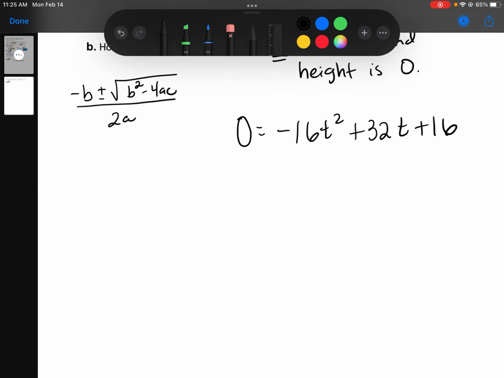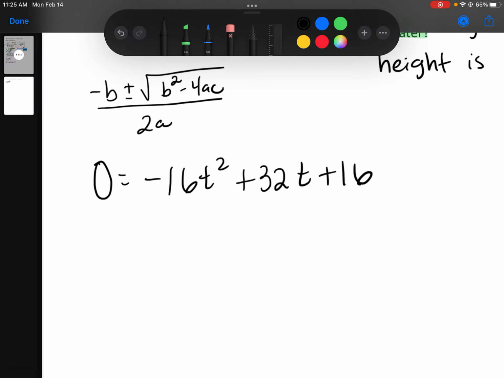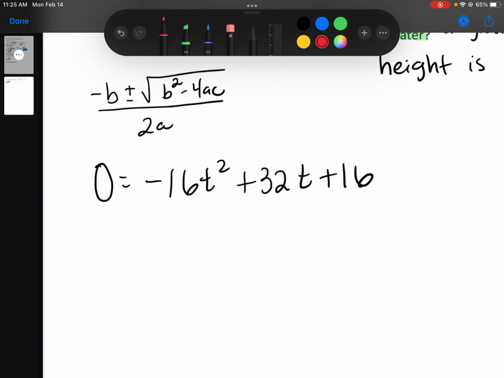And then we're going to go ahead. I'm going to move this over so I can look at the quadratic formula while I'm doing it. But zoom in. So this is A, B, and C. Because it's already equal to 0, I can just skip to this step. All right, so B is -32.